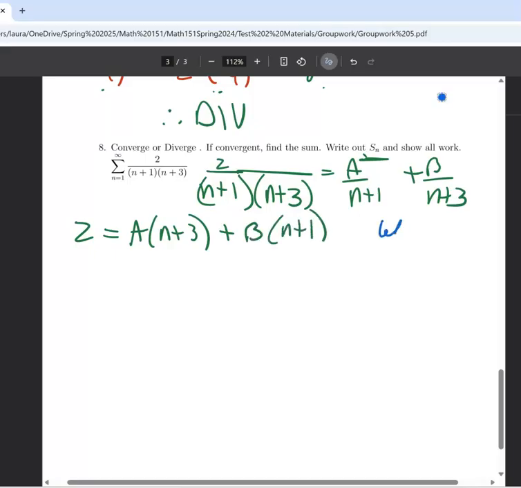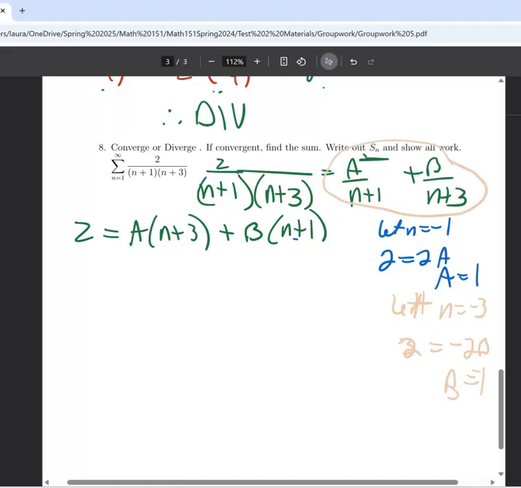So if I let n equal -1, that's gone. So I get 2 is equal to 2A. Oh, A is 1. All right, so now let's let n equal -3. So I get 2 is equal to -2B, and so B is -1. Whoops, B is -1. So again, you have to plug it back into here.